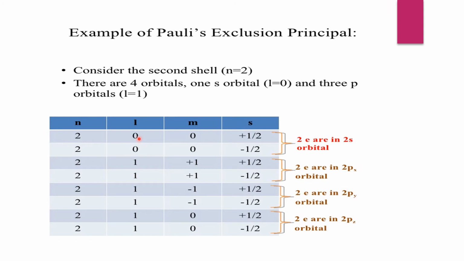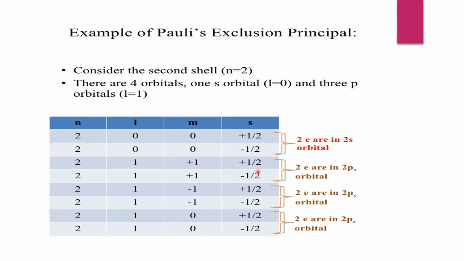So in the s orbital, 2 electrons can be filled and the l value of each electron is equal to 0 and m value is also 0 for both the electrons, but for spin, one electron has plus half and the second electron has minus half. So the electrons present in the s orbital are differing in s value. So this is Pauli's exclusion principle.